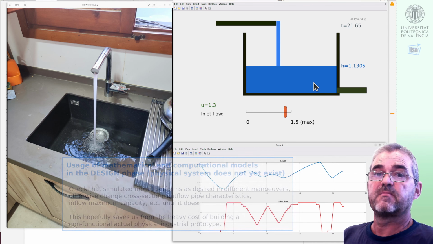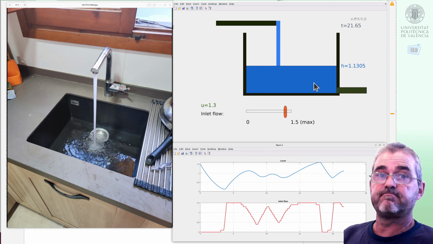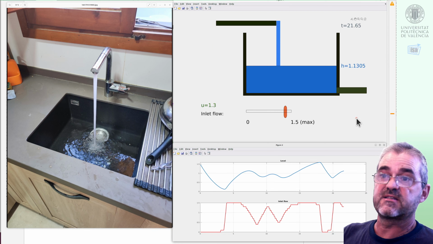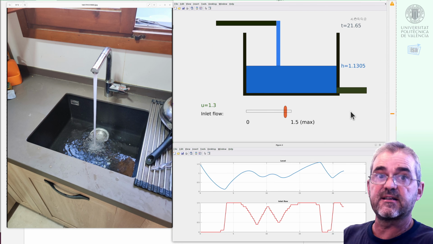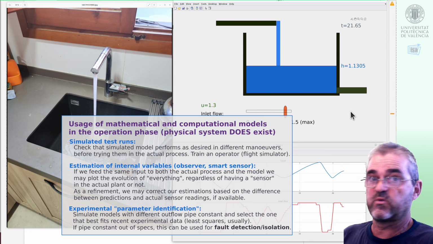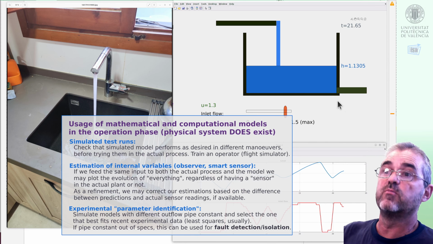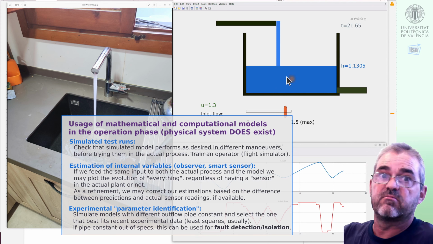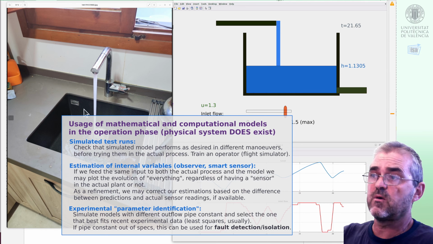But they are also of use even after you have built the real thing. You can use these digital twins, these digital copies of the physical system, for a handful of things. The first thing is that, if you feed them with the same input, then if the model is correct, the levels, pressures, and whatever variables of interest in my computational simulation will be the same or roughly close to the ones in the actual physical system.